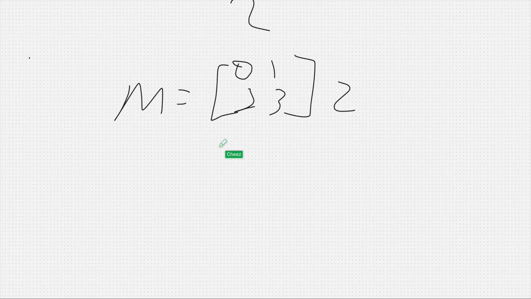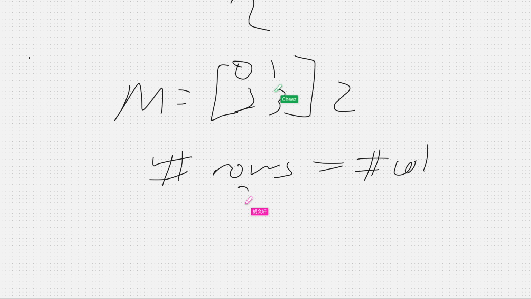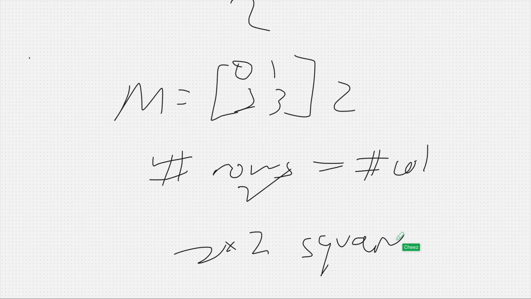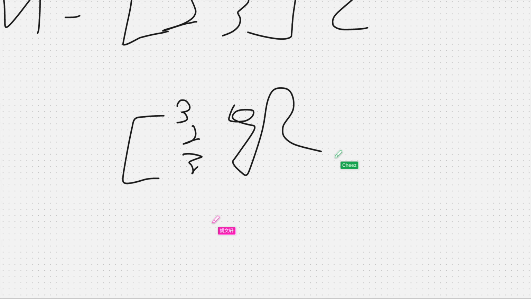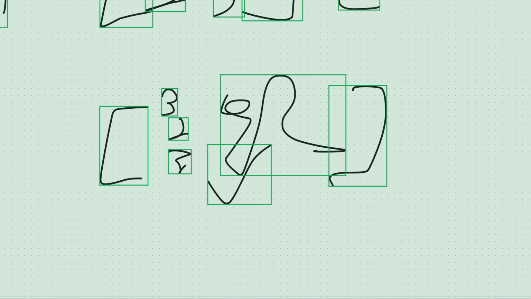So in the context of matrices, it will be the number of rows equal to the number of columns. In this case, this is a 2 by 2 matrix, where we can also say it's a 2 by 2 square matrix. You can expand this further into 3 by 3 or 4 by 4 square matrices.